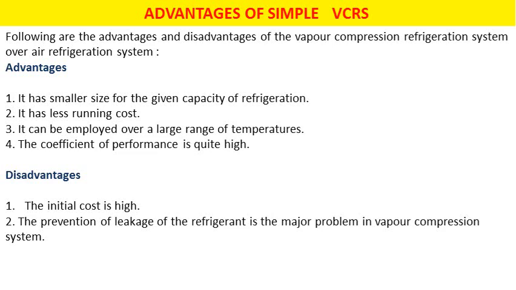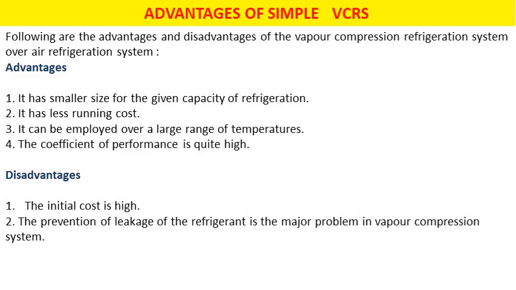That means simple VCRS is used for various temperature ranges. And number 4, the coefficient of performance is quite high. That means COP of the simple VCRS is very high. These are the advantages of simple VCRS.